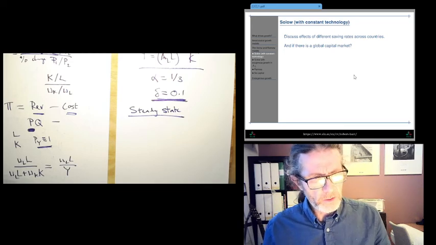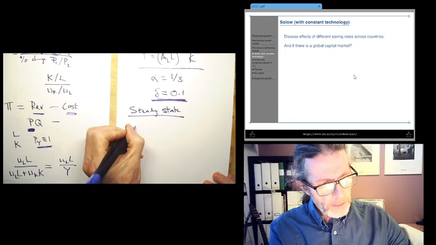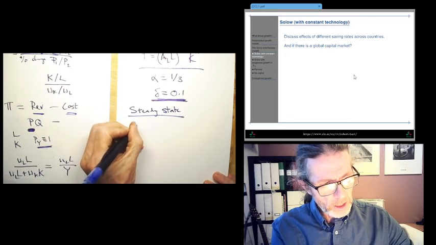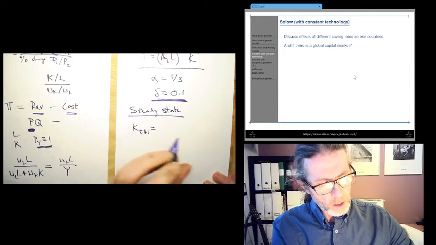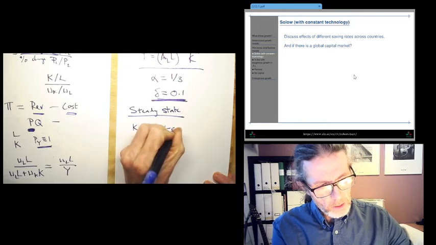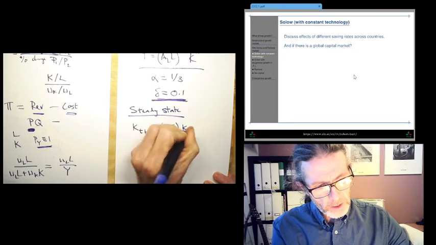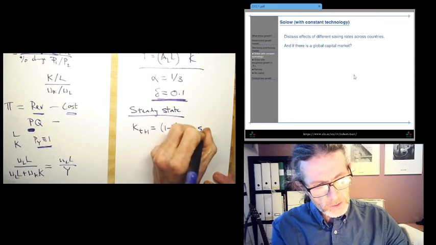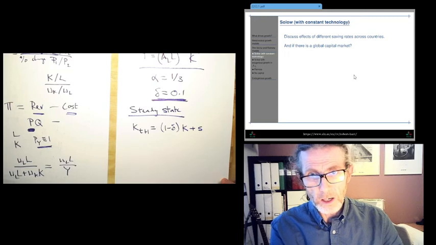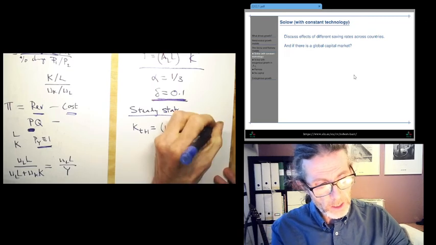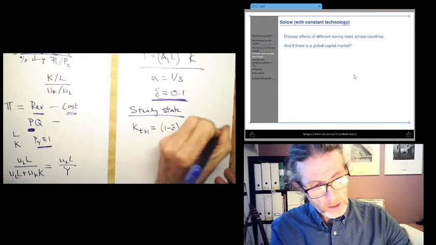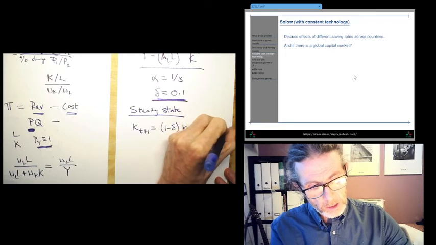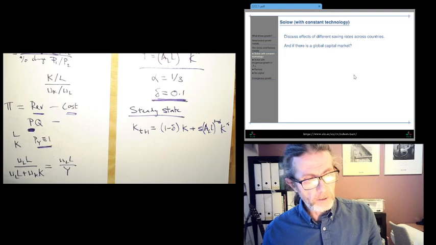In a steady state, capital must be constant, okay? And we know that K_{t+1} is (1 minus delta) K_t plus s times Y_t, okay? And Y_t is A L to the 1 minus alpha, K_t to the alpha, okay?